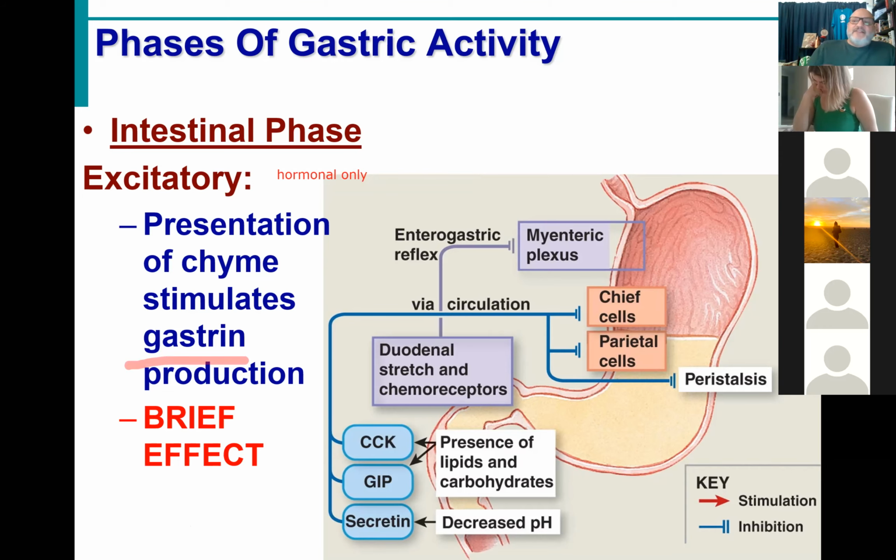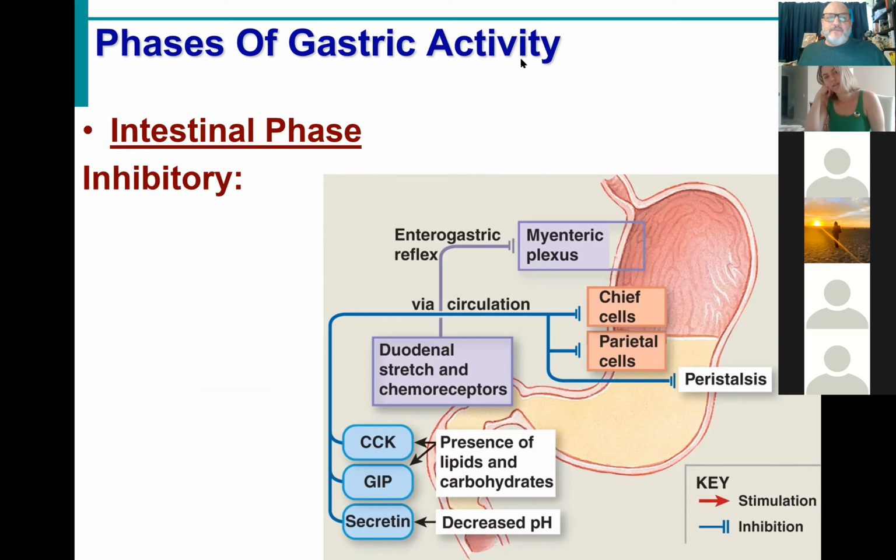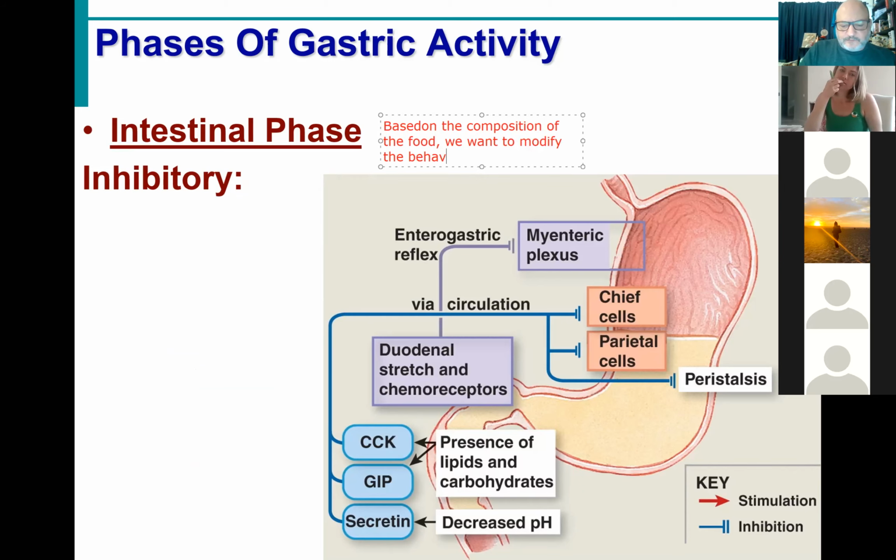Because unlike the stomach that just cares that food is presented to it, the small intestine actually cares what the food is. Based on the composition of that food, we want to modify the behavior of the stomach.